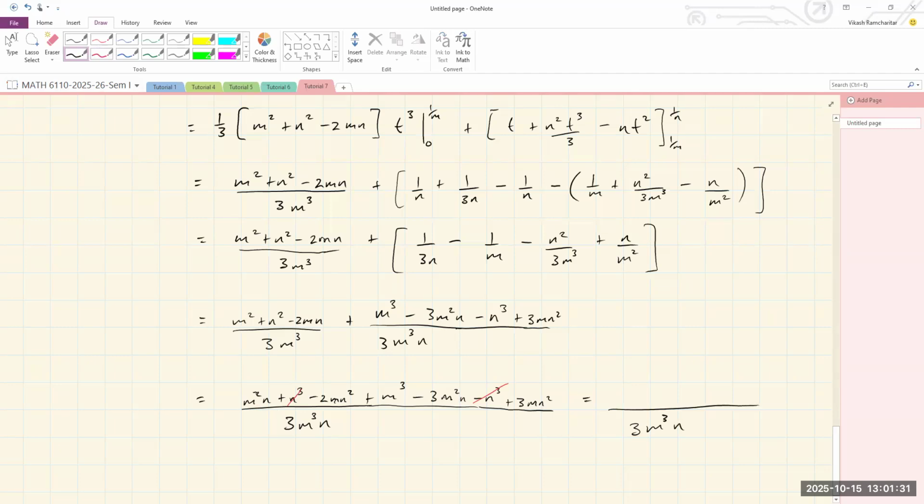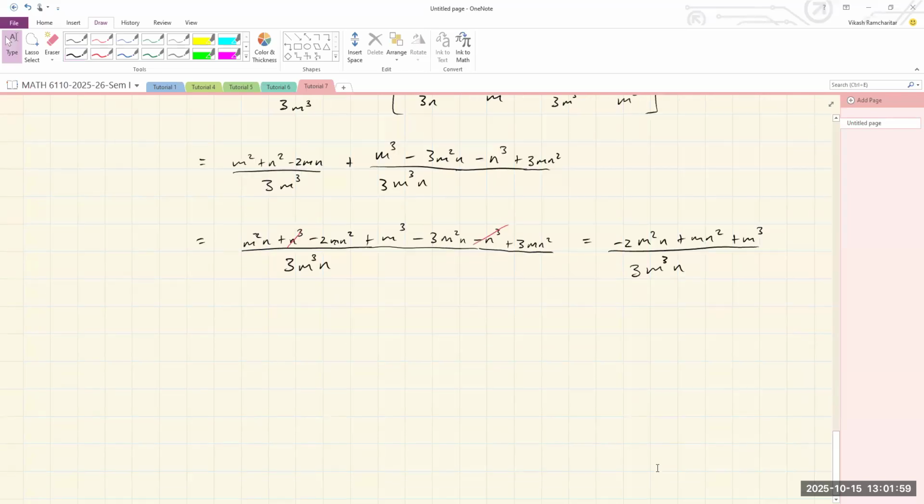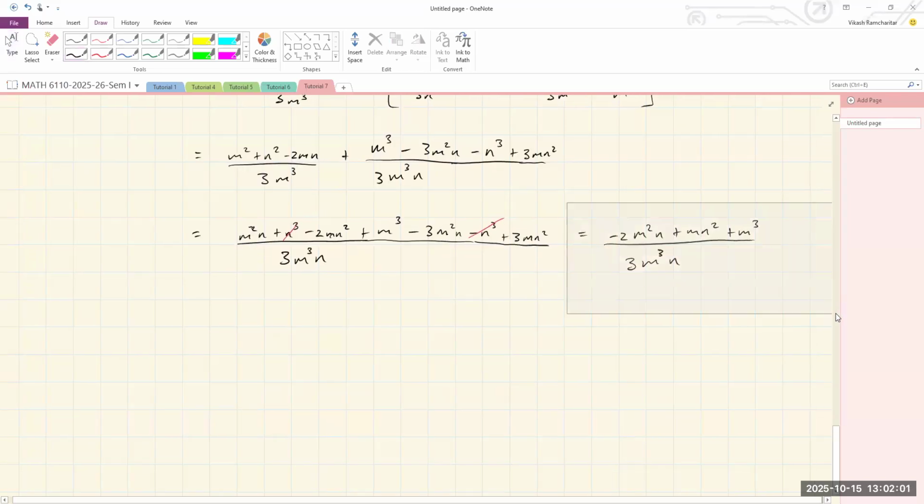So m squared n minus 3m squared n is minus 2m squared n, okay? And mn squared: minus 2mn squared plus 3mn squared is plus mn squared. I have a m cubed plus m cubed, okay? All right, so let's see what this simplifies. Maybe I put this guy here.